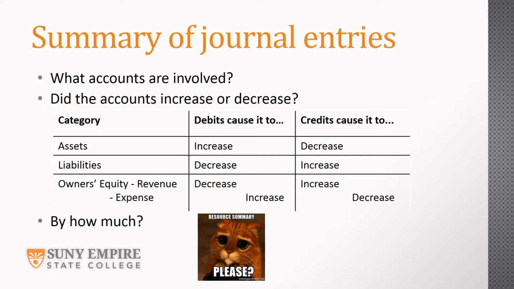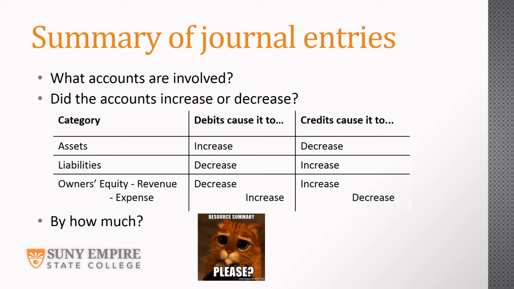As a way of summary, let's consider the process needed to create any general journal entry. First, we need to determine what accounts are affected by the transaction. Be careful, because sometimes these affected accounts may not be so obvious. Then we need to determine if the amount in each account will increase or decrease.